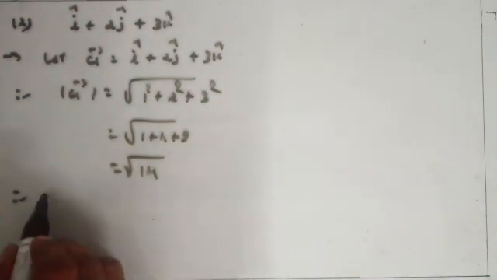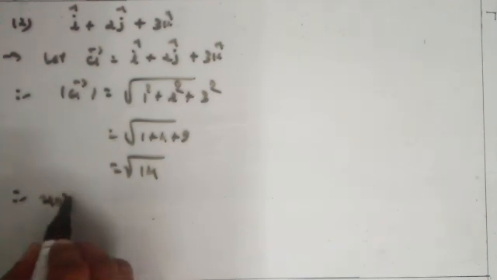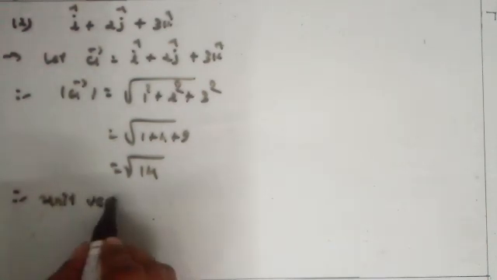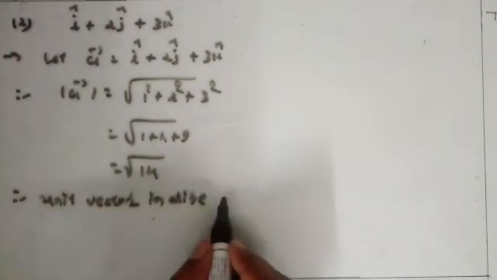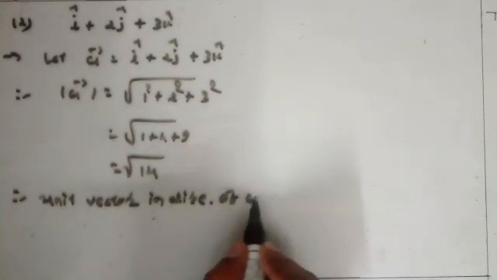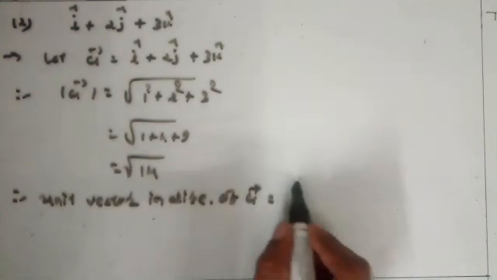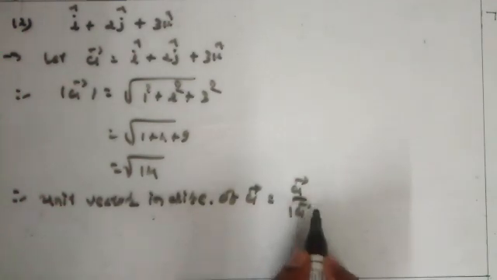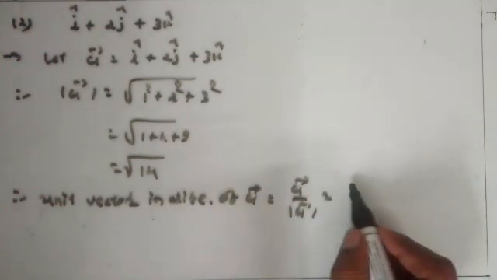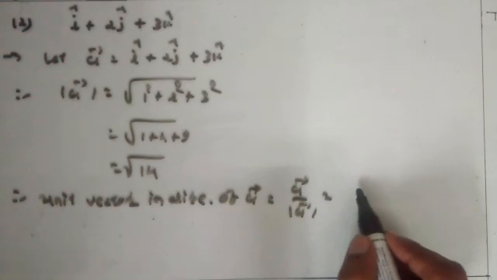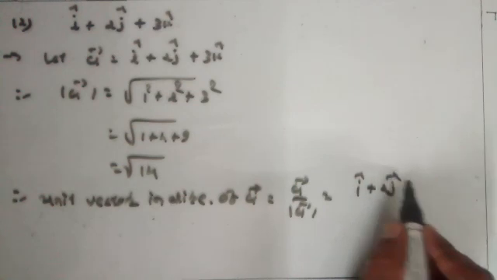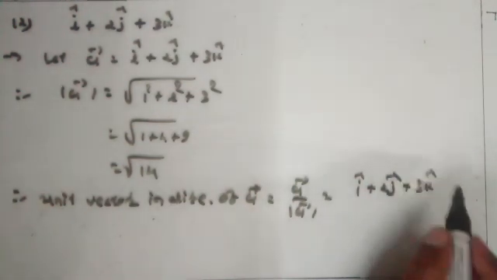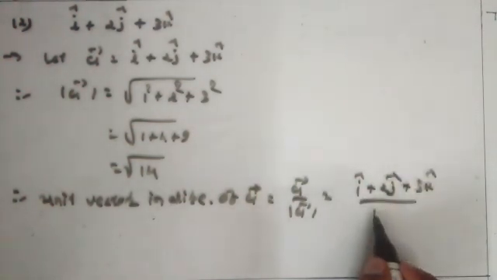Therefore, unit vector in the direction of A is equal to A upon mod of A, here vector A is equal to i plus 2j plus 3k upon mod of A, which is root 14.